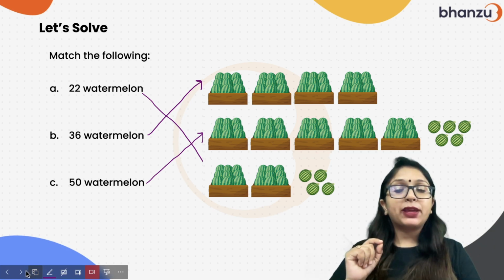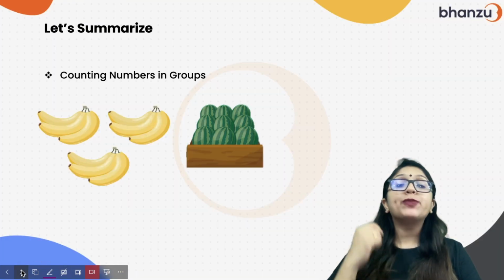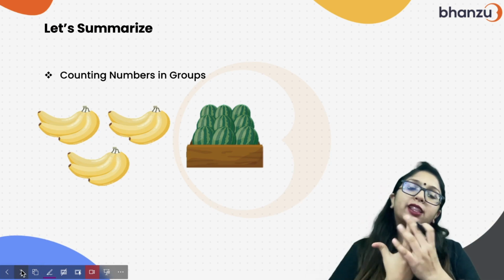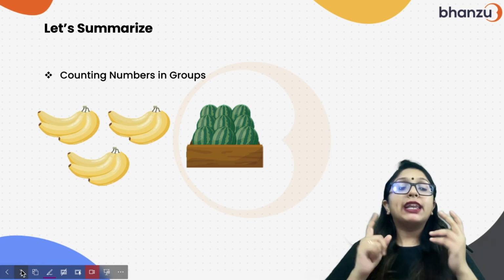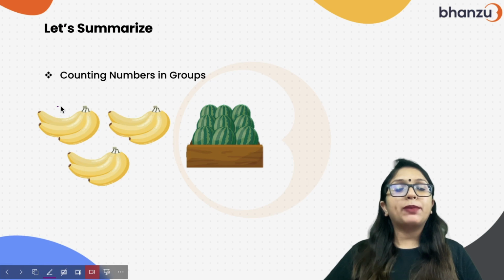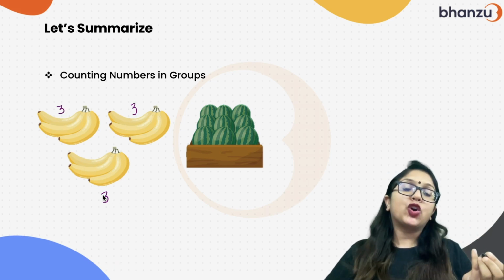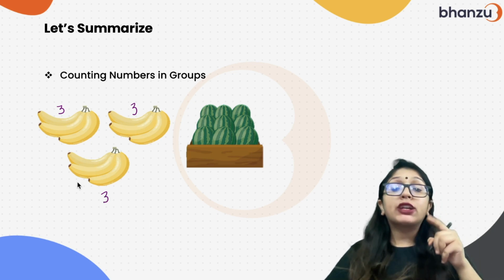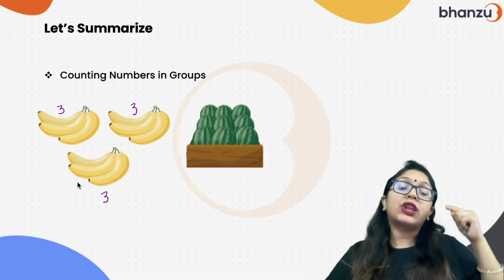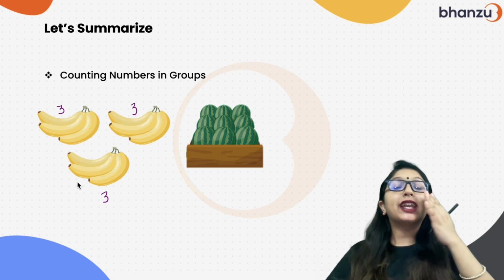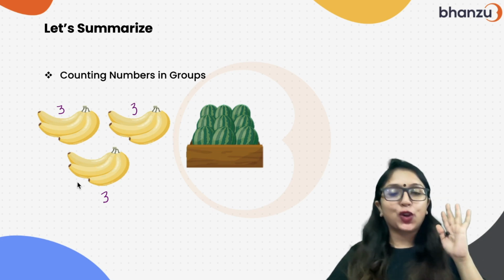So let's quickly summarize what we did through this video. We talked about counting the numbers in groups. So let's look at bananas. You can see 3 bananas here, 3 bananas here, 3 bananas here. So how many in total? 9. And did you notice I did not count 1, 2, 3, 1, 2, 3, 1, 2, 3, because I can see that there are the same number of bananas in each group, right?